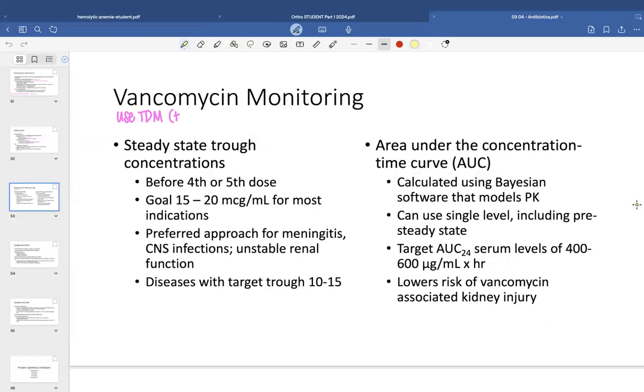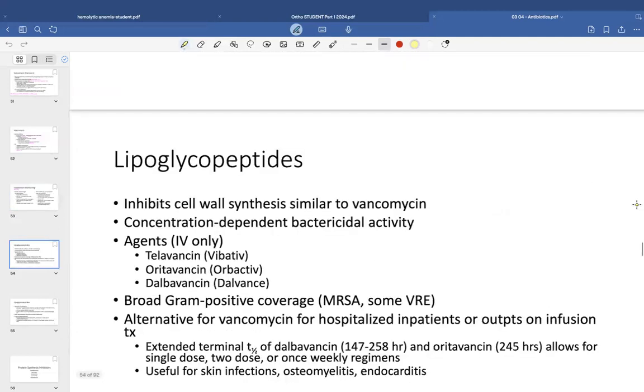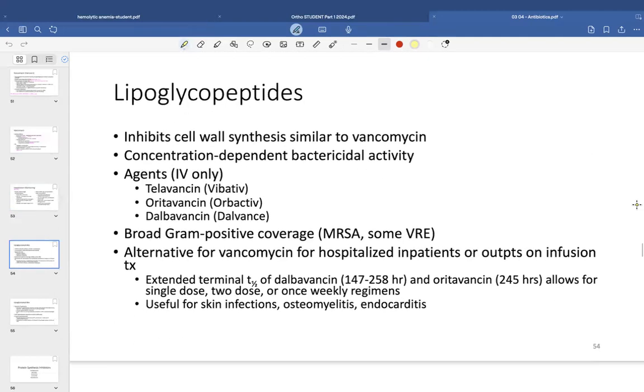Some other drugs that are similar to vancomycin are the lipoglycopeptides. They also work on the cell wall, similarly to vancomycin.